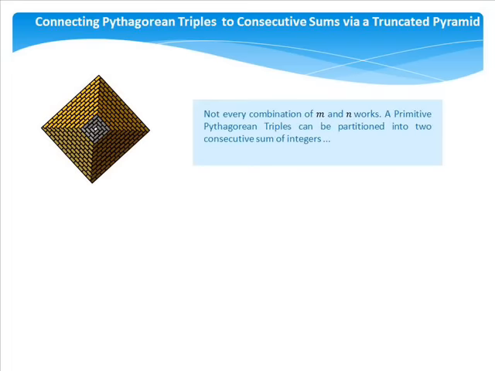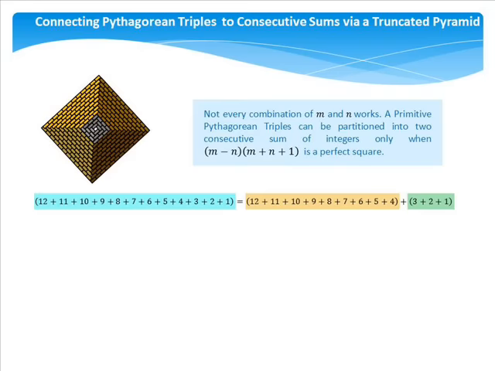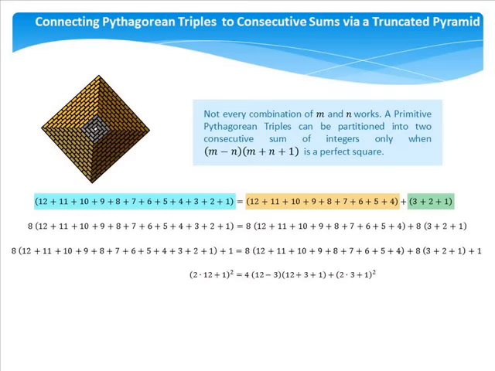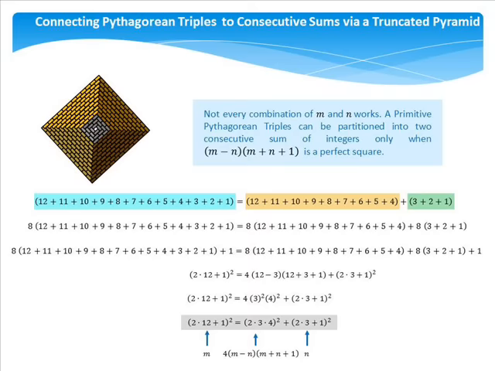A primitive Pythagorean triple can be partitioned into two consecutive sums of integers only when m minus n times m plus n plus 1 is a perfect square. In the given example, we can see that m equals 12, n equals 3, m minus n equals 3 squared, and m plus n plus 1 equals 4 squared.